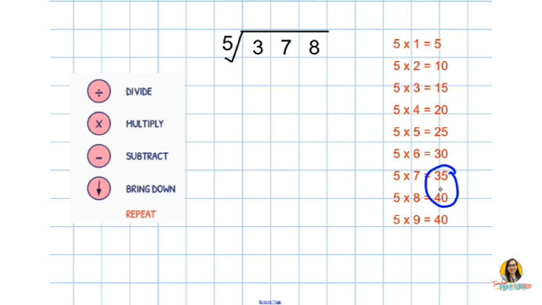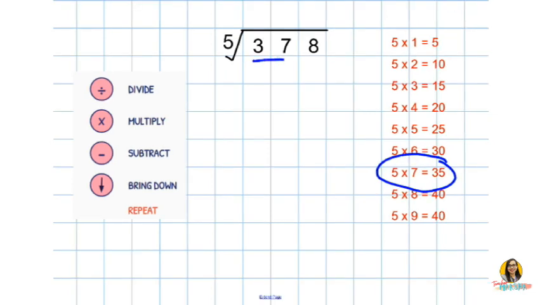We cannot go over 35, because 40 is bigger than our dividend, which is 37. So we will be able to get 7 groups of 5, and that is 35. So 37 divided by 5 is 7.